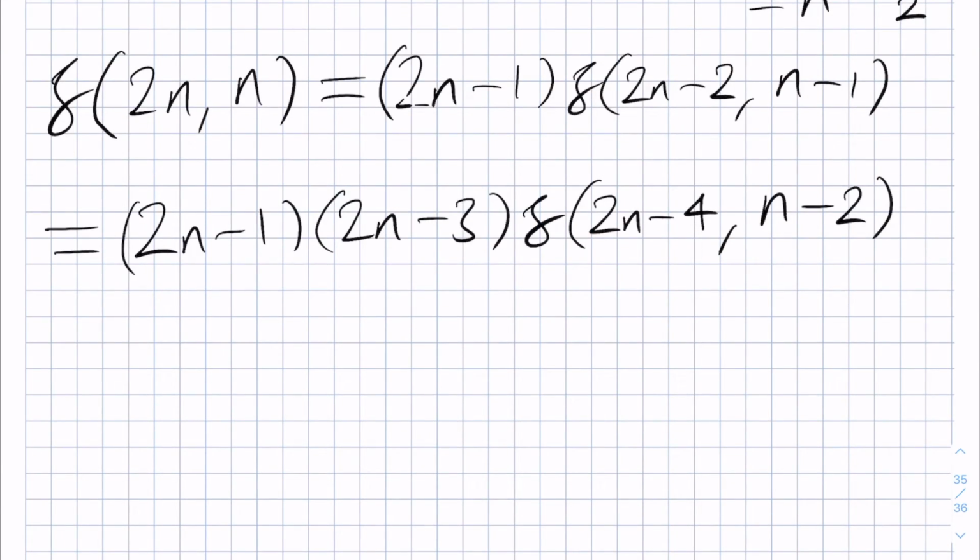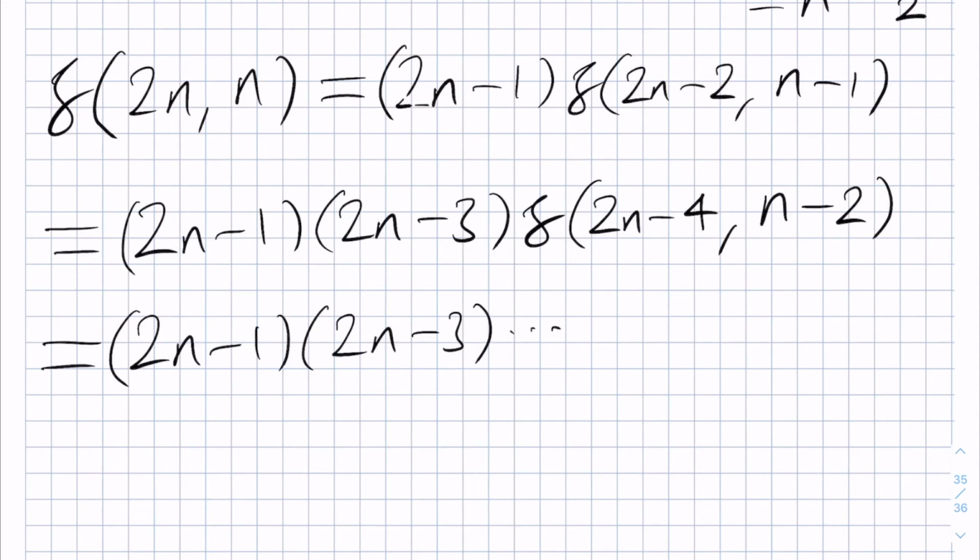Therefore, we can repeatedly apply this formula to get 2n minus 1, 2n minus 3, all the way down to 3, and then the final factor would be f(2, 1). At this stage, we couldn't apply the recursion relation again because we would get a 0 here and also a 0 here.